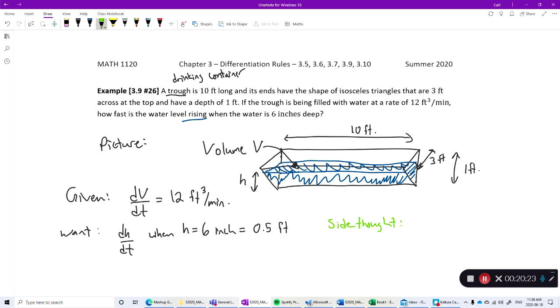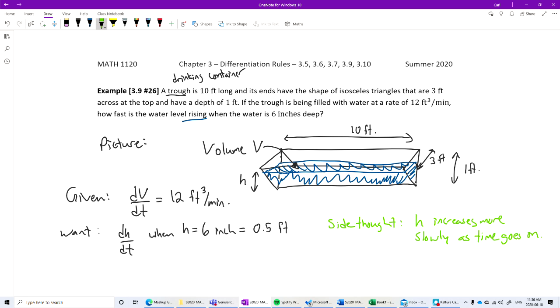So it's going to increase more slowly in height. So just an observation, that H increases more slowly as time goes on. It's increasing fastest at the very beginning.